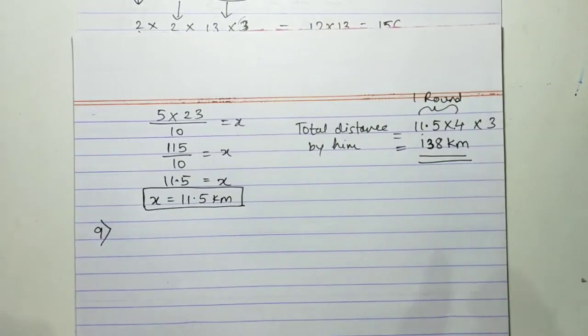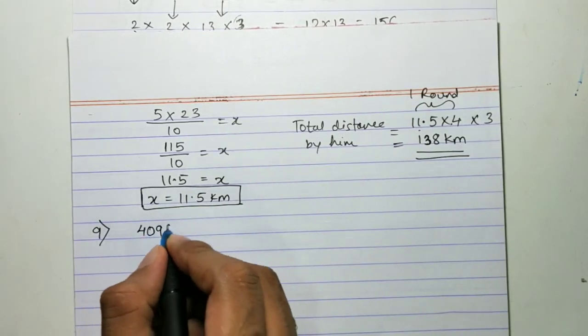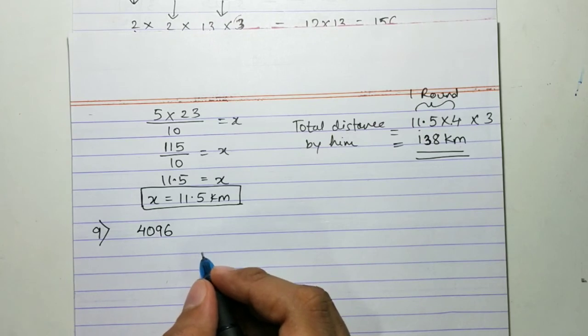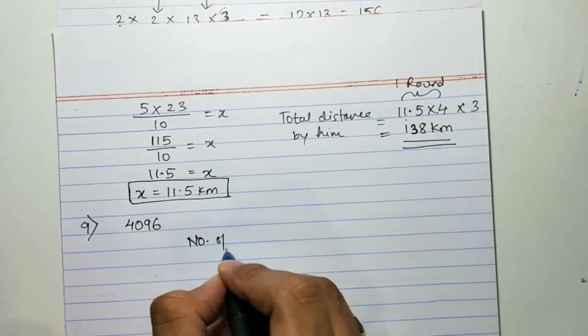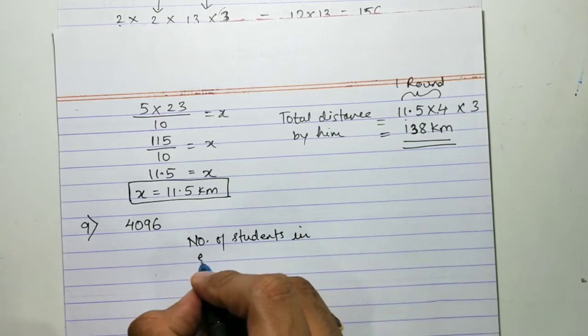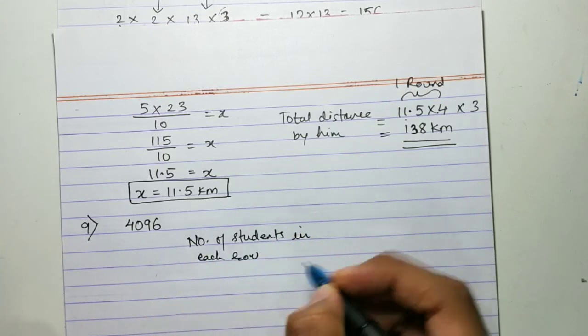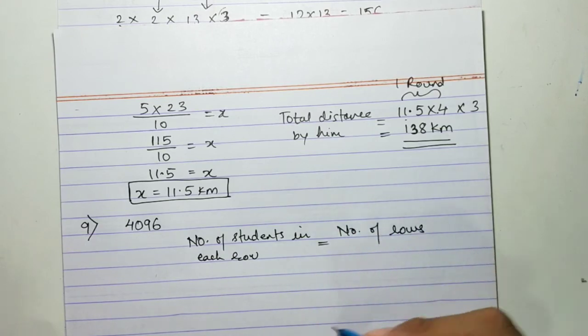The last sum of the exercise. If there are 4096 students arranged in a playground in such a manner that the number of students in the rows is the same as the number of rows in the ground. So it means the number of students in each row is equal to the number of rows.